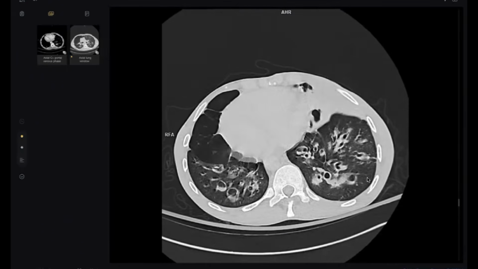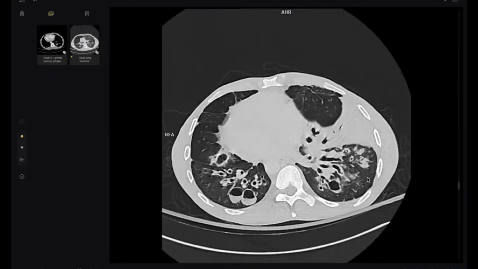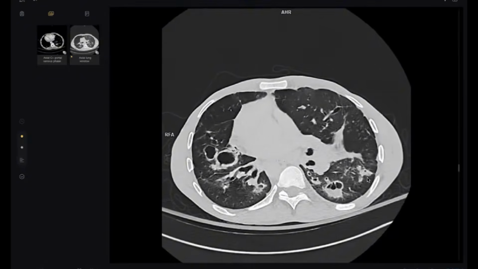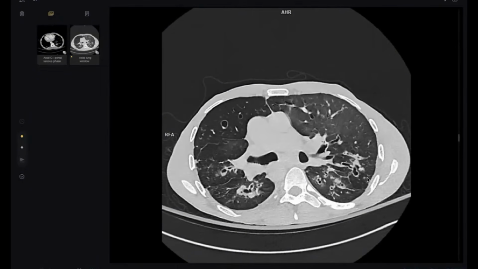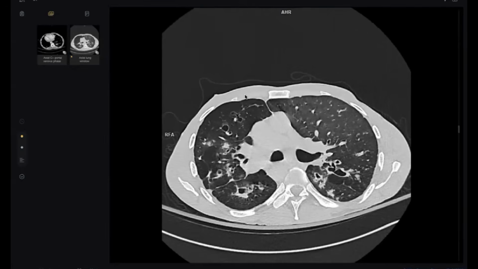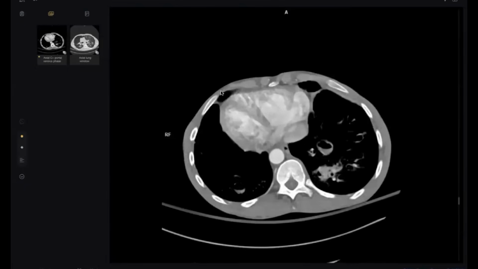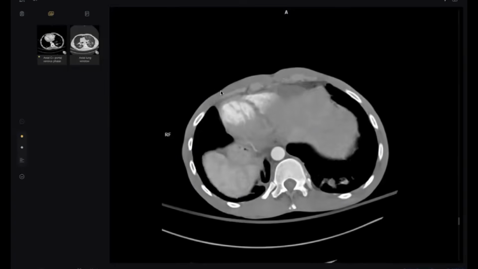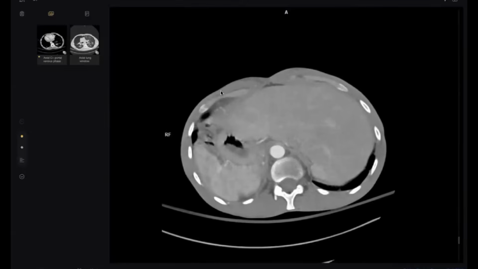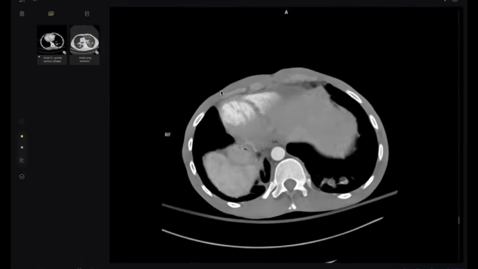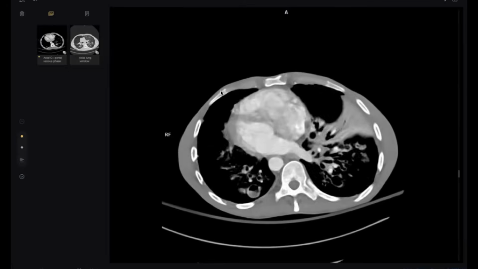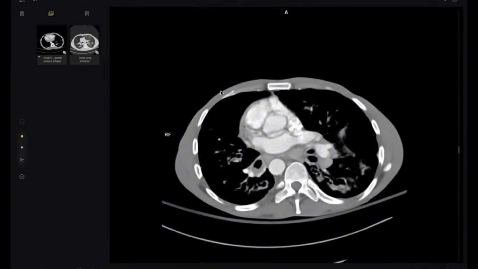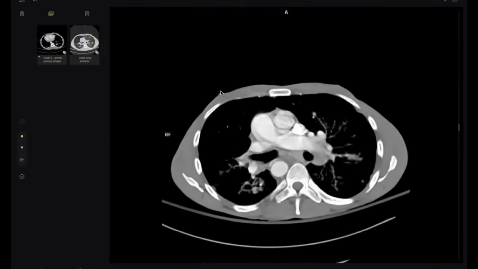So with these bronchiectatic cystic dilatations, I would think of Kartagener syndrome. I would like to look at the mediastinal window just to confirm. Yes, the heart is on the right side. I can also see that the liver is on the opposite side, as well as the spleen. So total situs totalis.